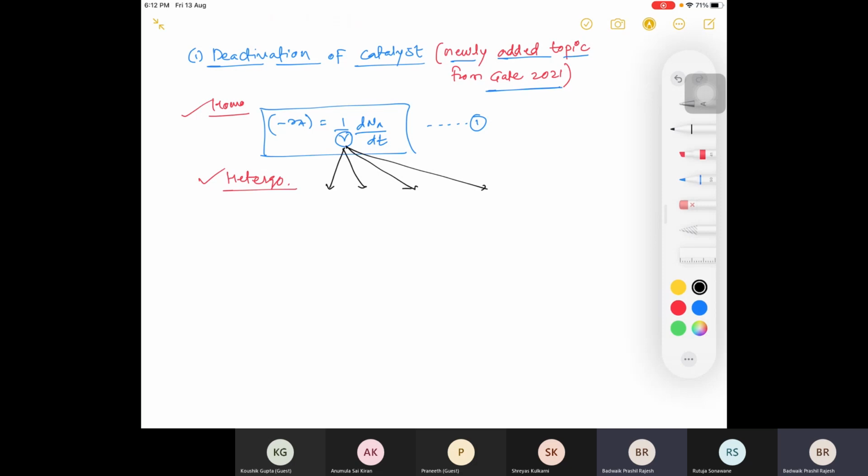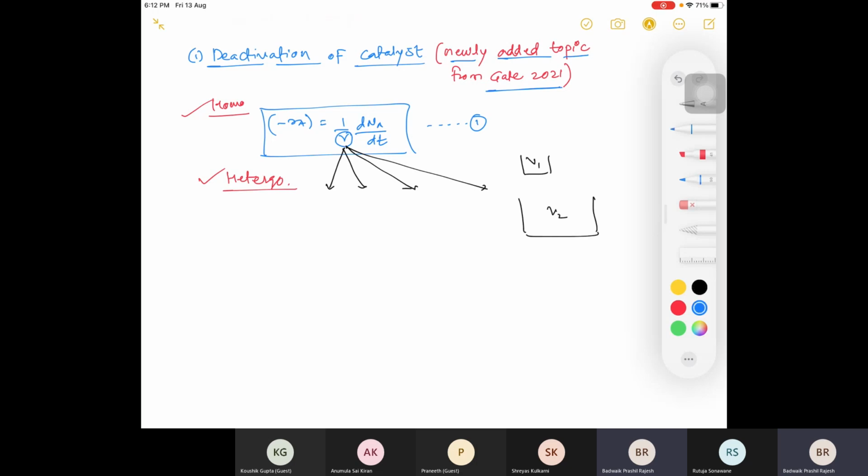So in the first case, rate is the number of moles converted per unit time per unit volume of reactor, right? Why am I dividing by volume? Because I need to calculate per unit volume what my conversion is. Suppose I have two reactors, one with volume V1, second with volume V2.